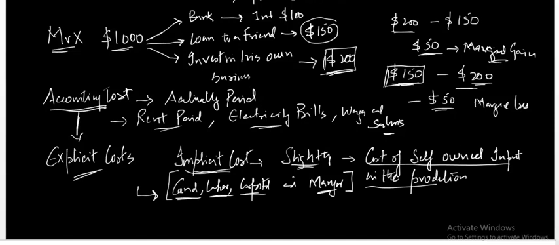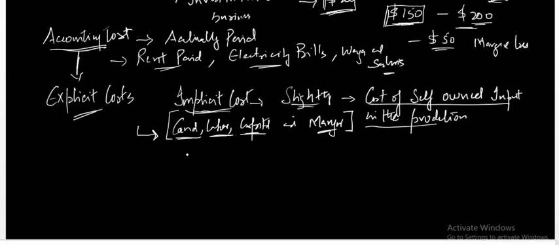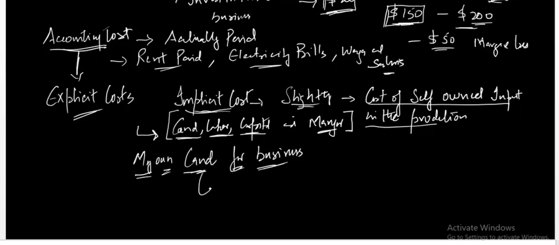Say I am running a business and I use my own land for the business. If I use my own land for my own business, the rent that this land could have fetched, if this land had been rented, will be an implicit cost.